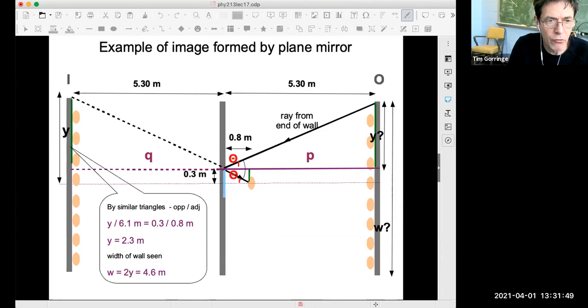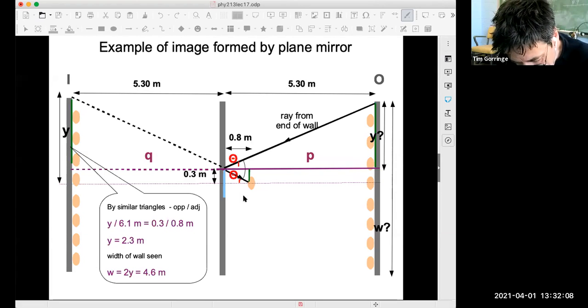And I'm going to use the rules that we figured for planar mirrors, that the image is the same distance behind the mirror as the object is in front of the mirror, and that the image is neither magnified nor minified. It's the same size. And so let's see how that worked.